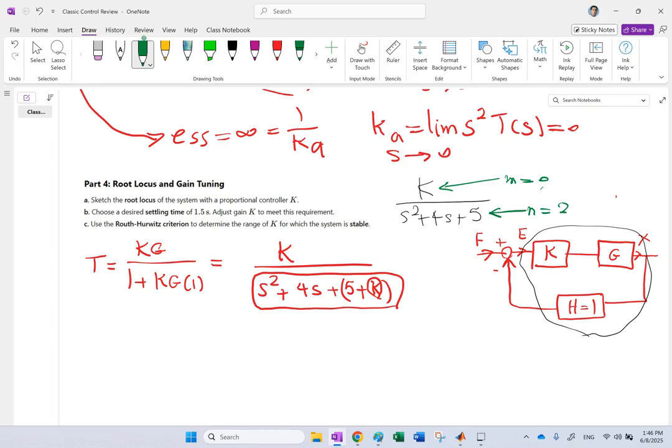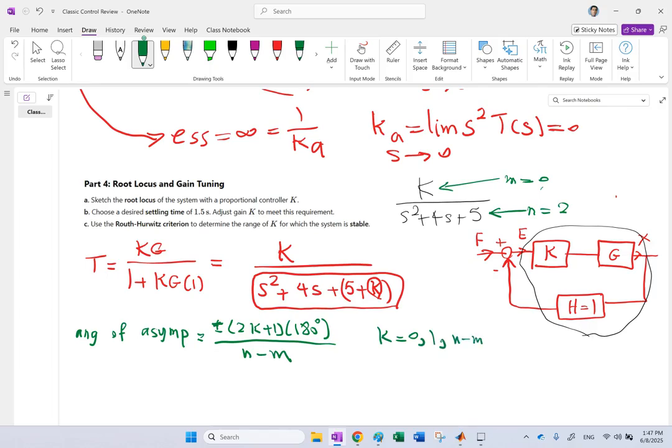And then, for instance, the angles of the asymptotes are plus and minus (2k plus 1) times 180 degrees divided by n minus m, where k goes from 0 to n minus m, which in this case is 2.